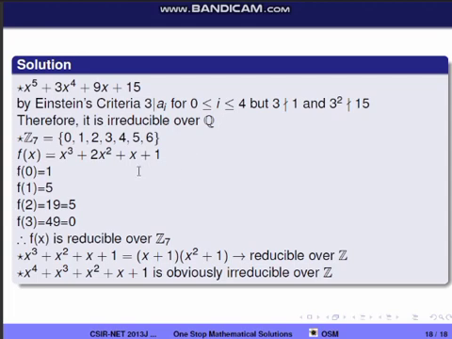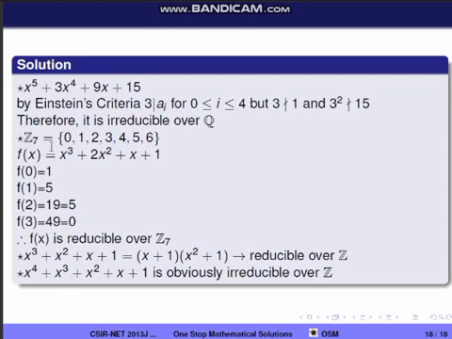Now, the second polynomial is x cube plus 2x square plus x plus 1 over Z7, integers modulo 7. For this I am using the second concept, that is f of x is irreducible if and only if f doesn't have a zero over F. That is, if we put numbers of Z7 in place of x, we shouldn't get 0 as a value.